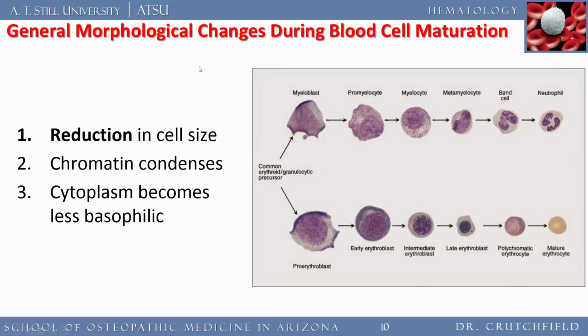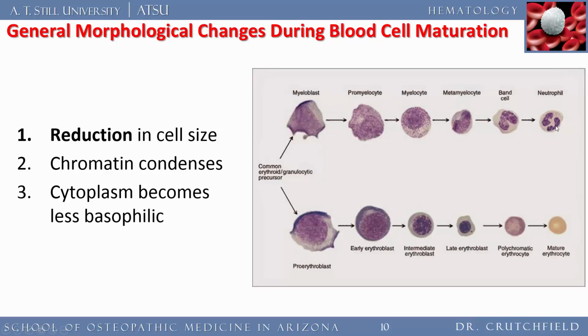So as a blood cell matures, basically what happens is it comes from these giant cells in the usually bone marrow, but they can be formed from the liver or the spleen before you're born. They can be formed from the thymus, which is where we get some T cells. But these giant cells end up reducing in volume.